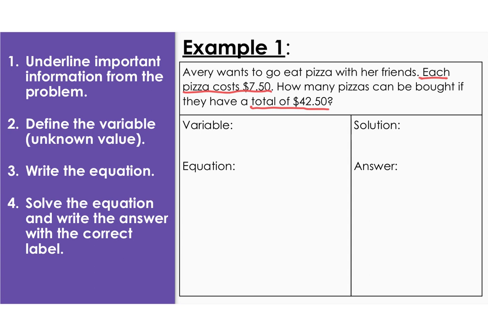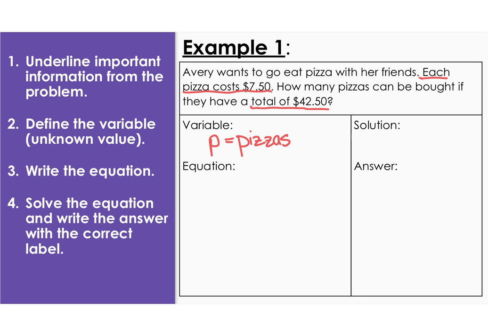So let's define the variable as P equals pizzas. When you define a variable, you always need to write out what it is. So when I write the equation, I have to figure out the relationship between what's important.